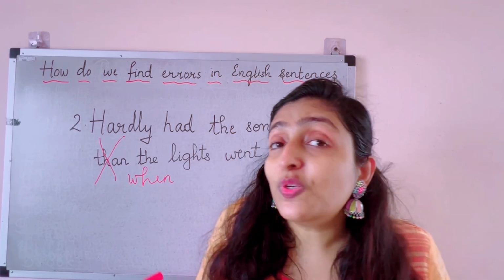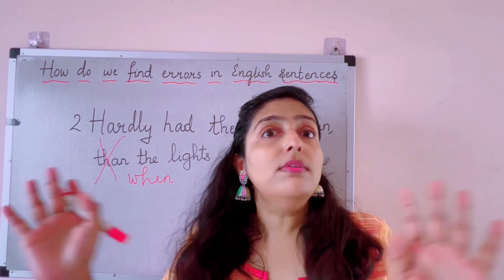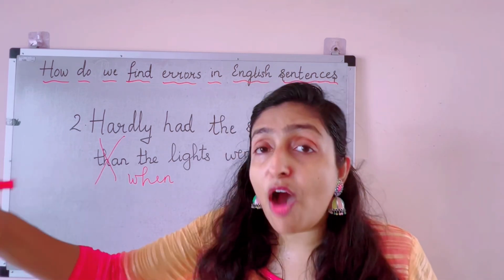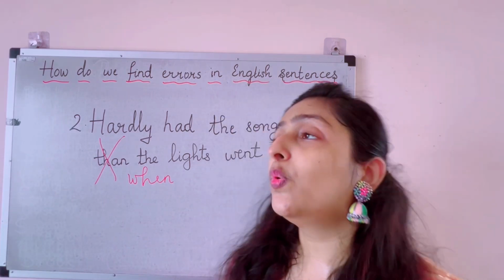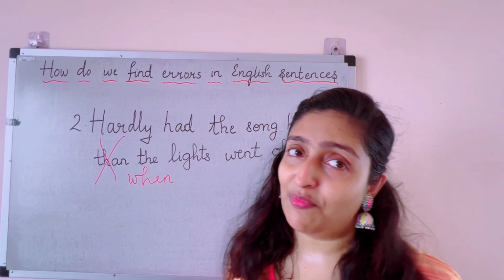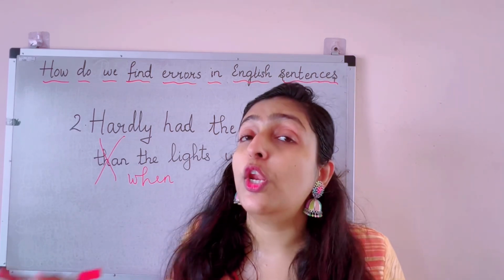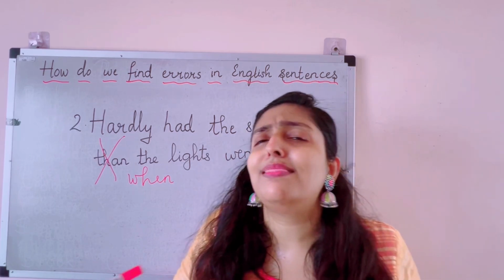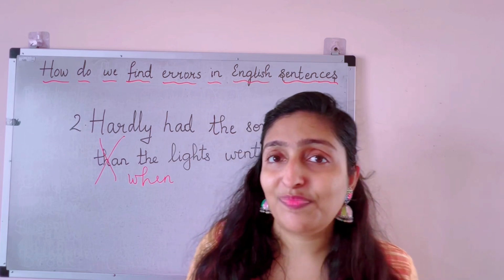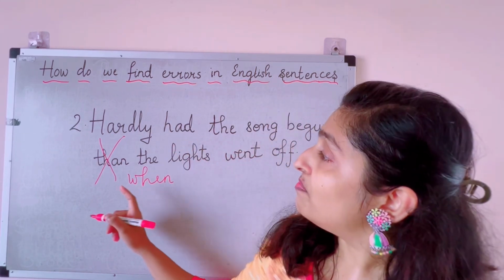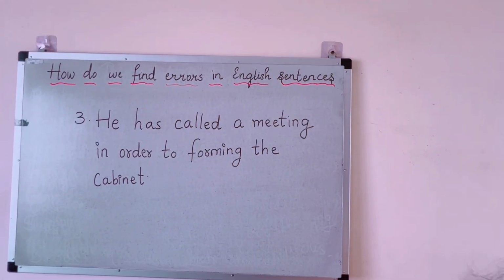Now, in order to say that something happened and another big thing happened after that, very soon, right away, we use hardly when. And when do we use than? We usually use than with no sooner. No sooner and than is the combo, and hardly comes with when. So hardly had the song begun when the lights went off.